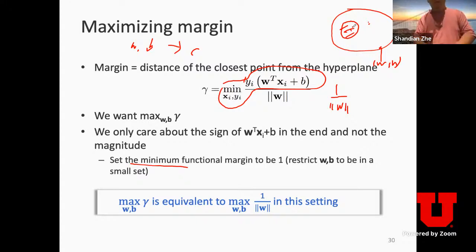In this subspace, we know the margin is simply 1 over the norm of W. You don't need to go over every data point and calculate which distance is 1. It has already told you that the minimum function margin is 1. Then you just need to maximize the margin. You only have one level of optimization left. Any questions so far?